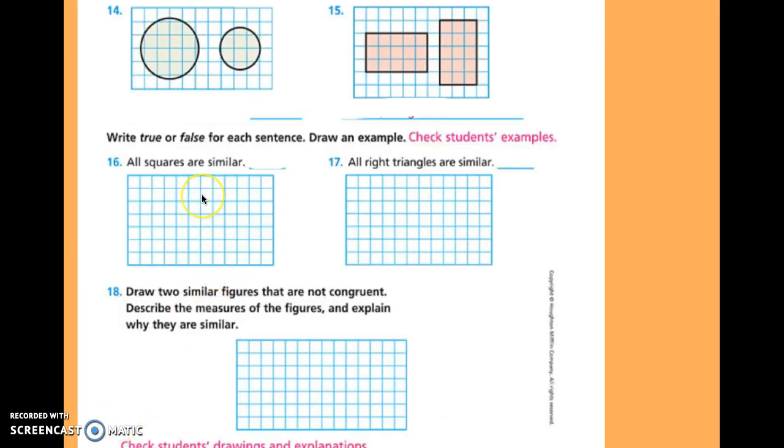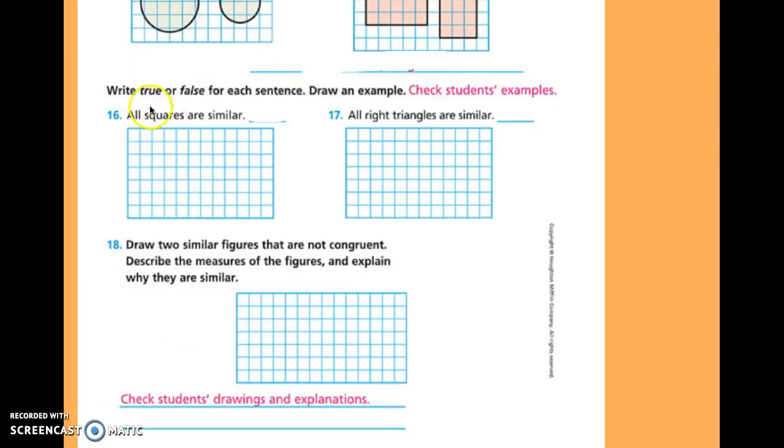All right, next we're going to try to do a couple of these ones. It says write true or false for each sentence. It says draw an example. So, are all squares similar, true or false? Well, let's go ahead and try it and see if we think that is true. So I'm going to go ahead and draw a square here. There's one square, and I'm going to draw another square.